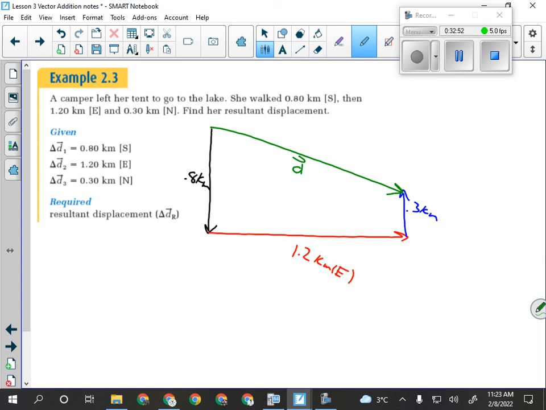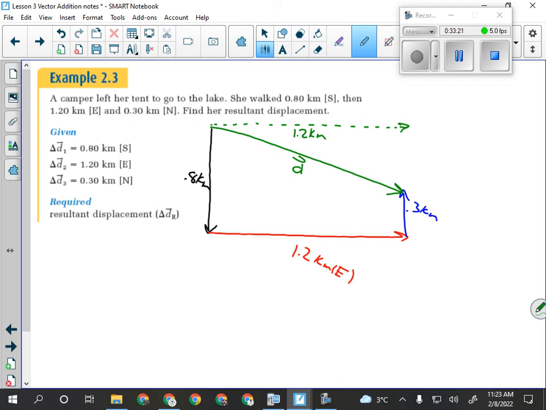How far east does she go? 1.2 kilometers. All right, so I'm going to draw what we call a vector component. This is the east or horizontal component of her entire trip, and it is 1.2 kilometers east. And I draw it also as an arrow.